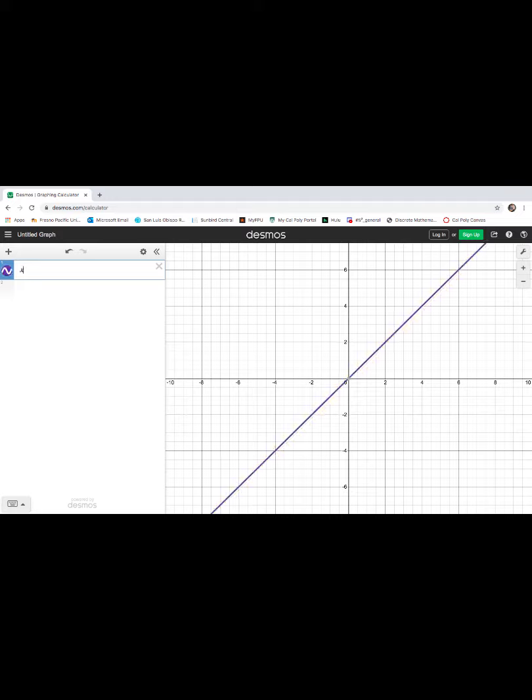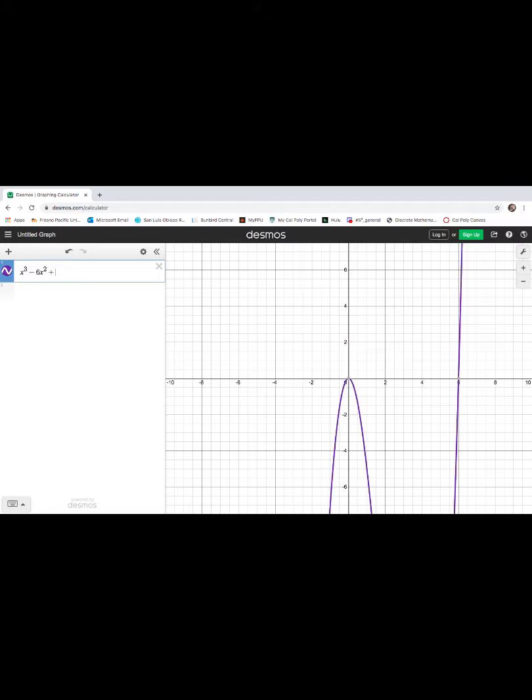Alright, I'm going to go ahead and punch this in. So it's x cubed minus 6x squared plus 9x minus square root. There we go.